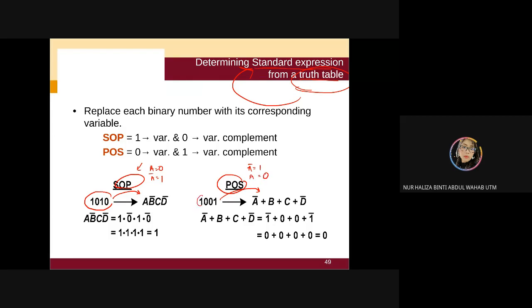So that's why you can see 1 will be A bar, 0 will be B, 0 will be C, and lastly, 1 will be D bar. So this is how you represent your value. Check one by one, and you will get the answer. This one, we also already took a look at one by one value.